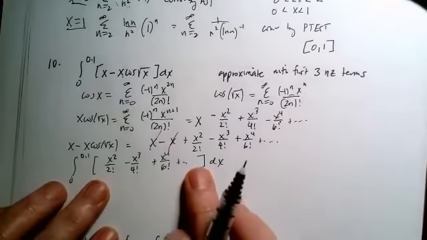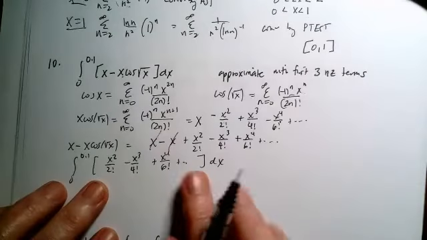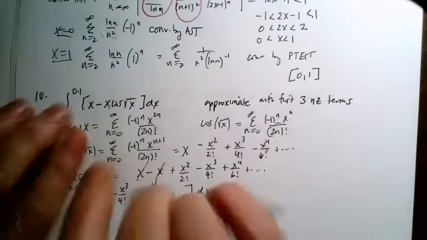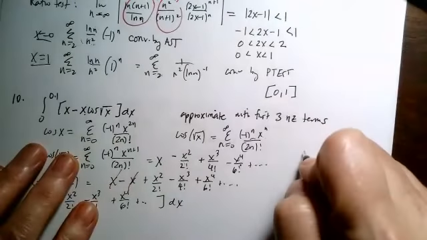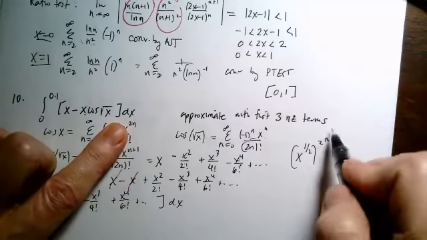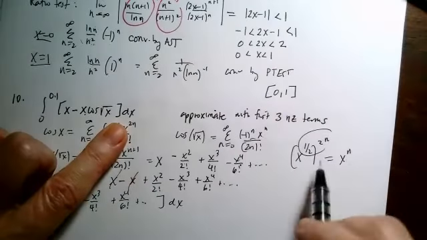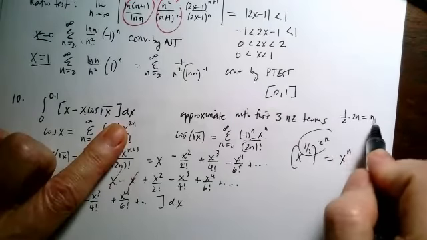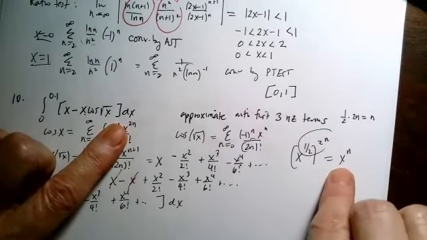All right, so what are we going to get when we integrate this? The radical x. If I replace x with x to the 1/2, x to the 1/2 raised to the power 2n, what's that just the same as x to the n? Because 1/2 times 2n is just plain n. Okay?